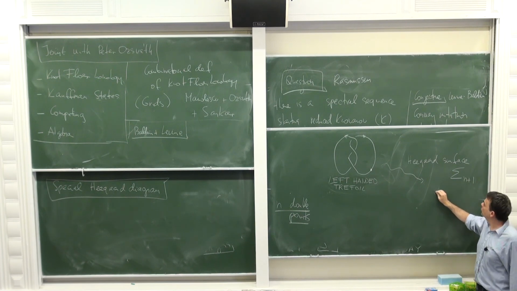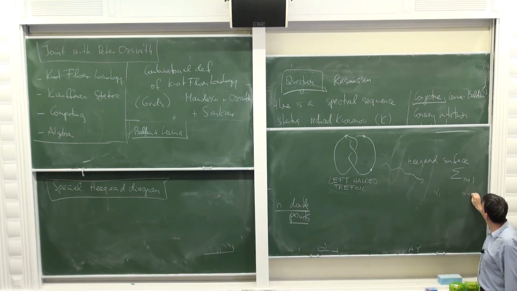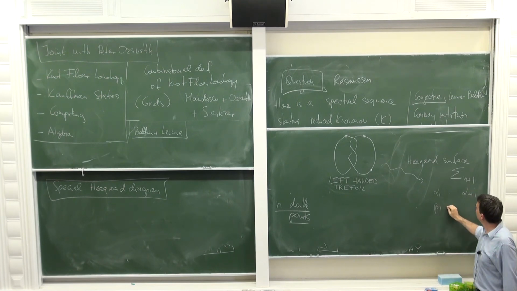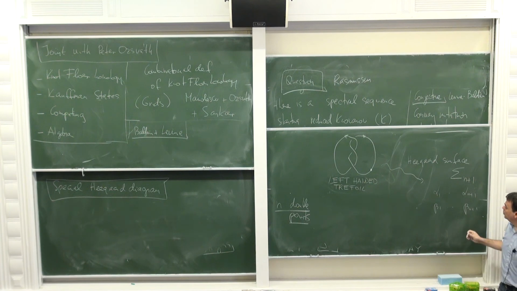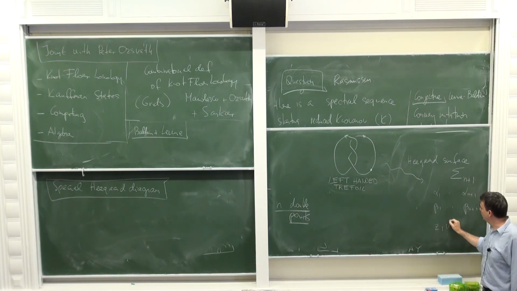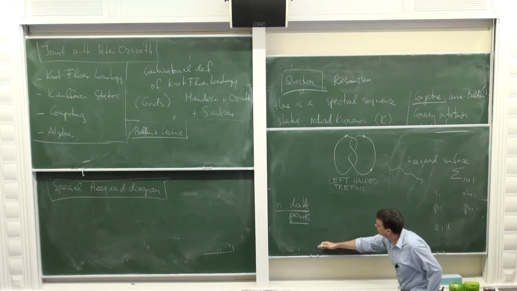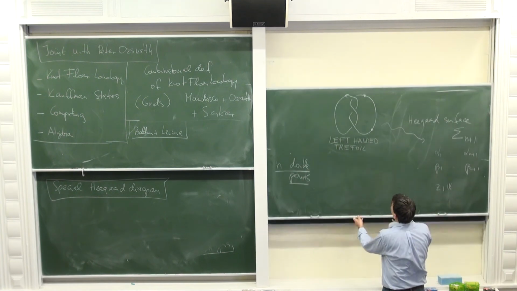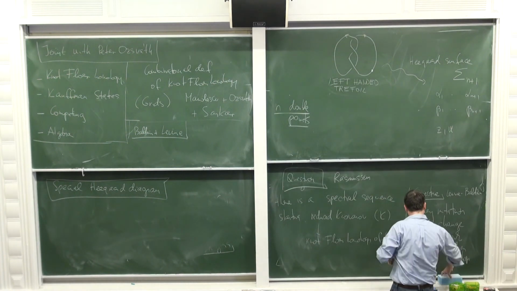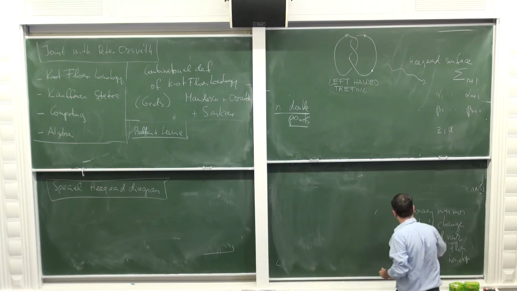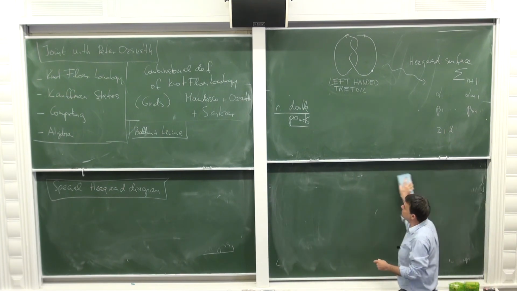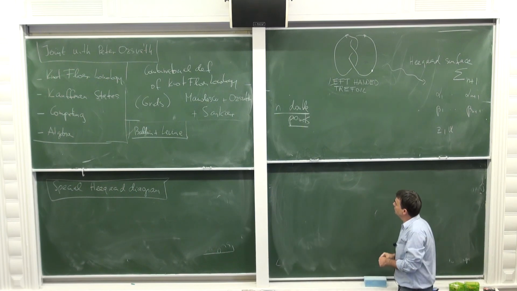Inside, we want a collection of alpha and beta circles and two base points. That recipe is actually very simple.